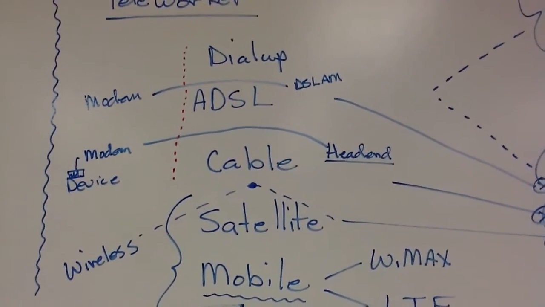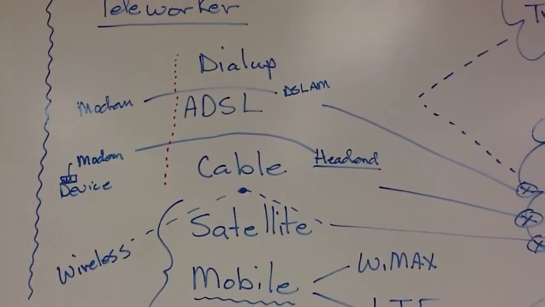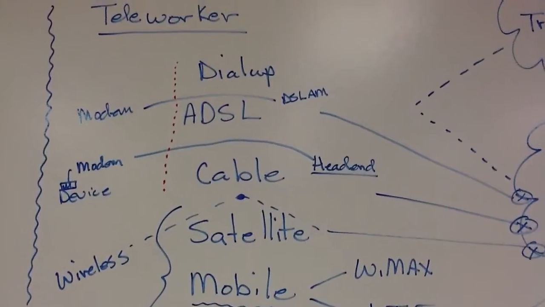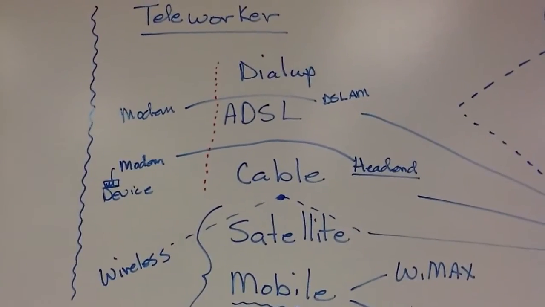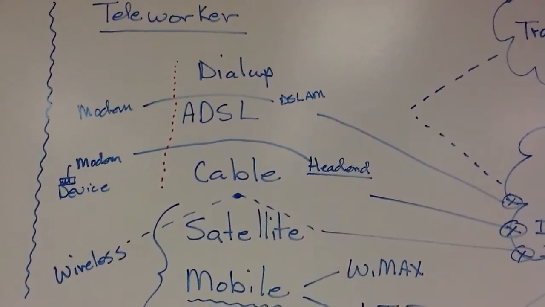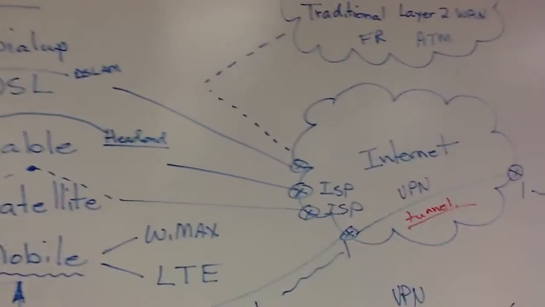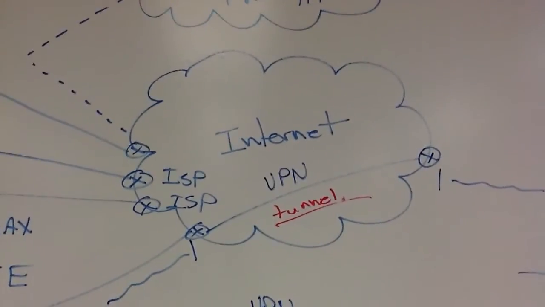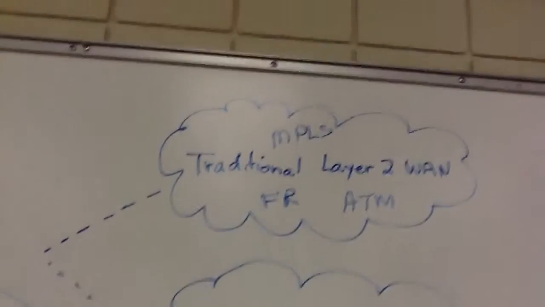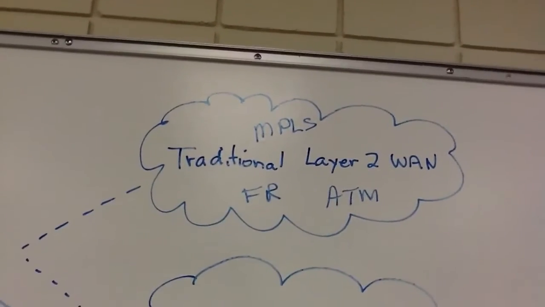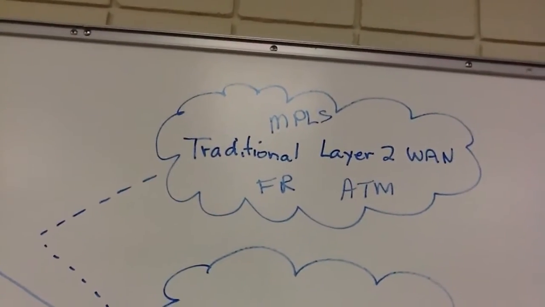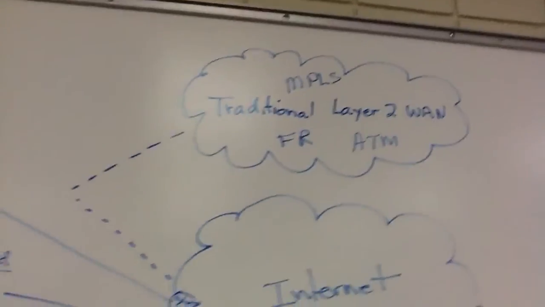You can use asymmetric DSL, digital subscriber line. You have a modem on your end. You connect to the DSLAM, and you notice these all connect. Here we showed the internet, or you could be connecting through a traditional layer 2 connection also between your sites.